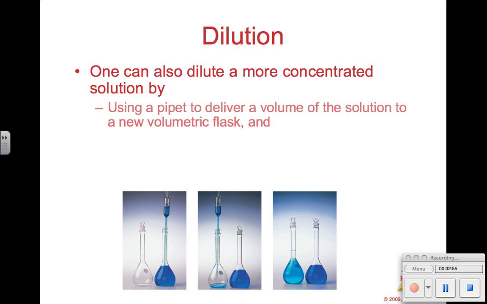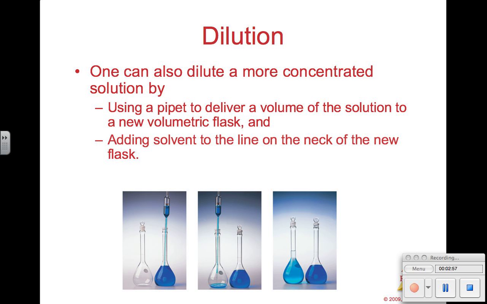So that's one way to get a solution: take a solid, dissolve it, and get a specific concentration. Another way that is often used is by diluting down a solution. We're going to do some serial dilutions in class at some point, but the idea is you start out with a stock solution that's more concentrated, add it to a volumetric flask, and add more water to dilute it down to a lower concentration.